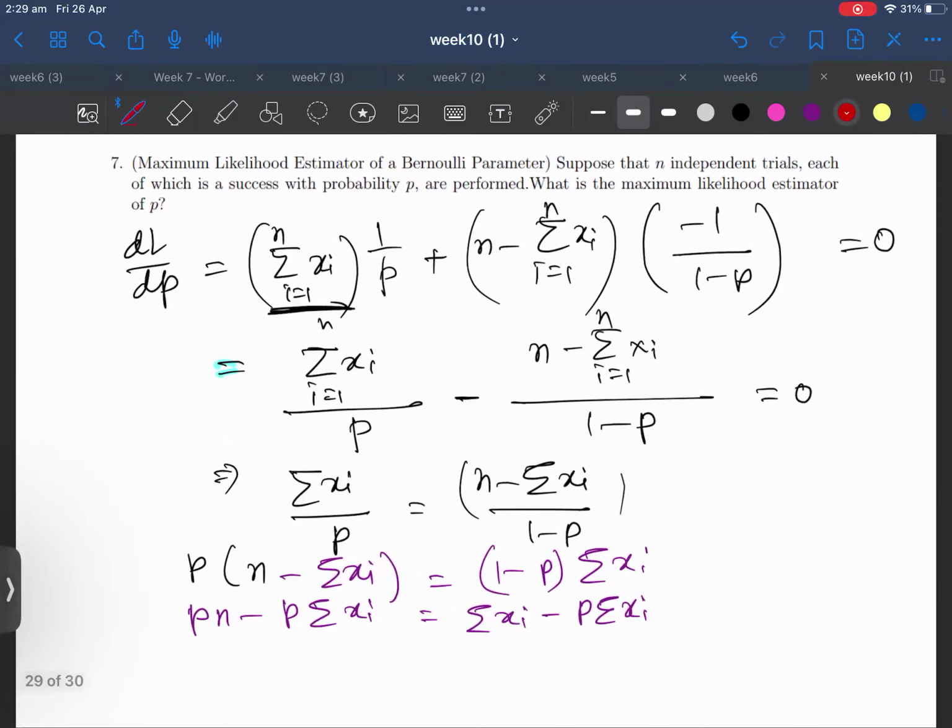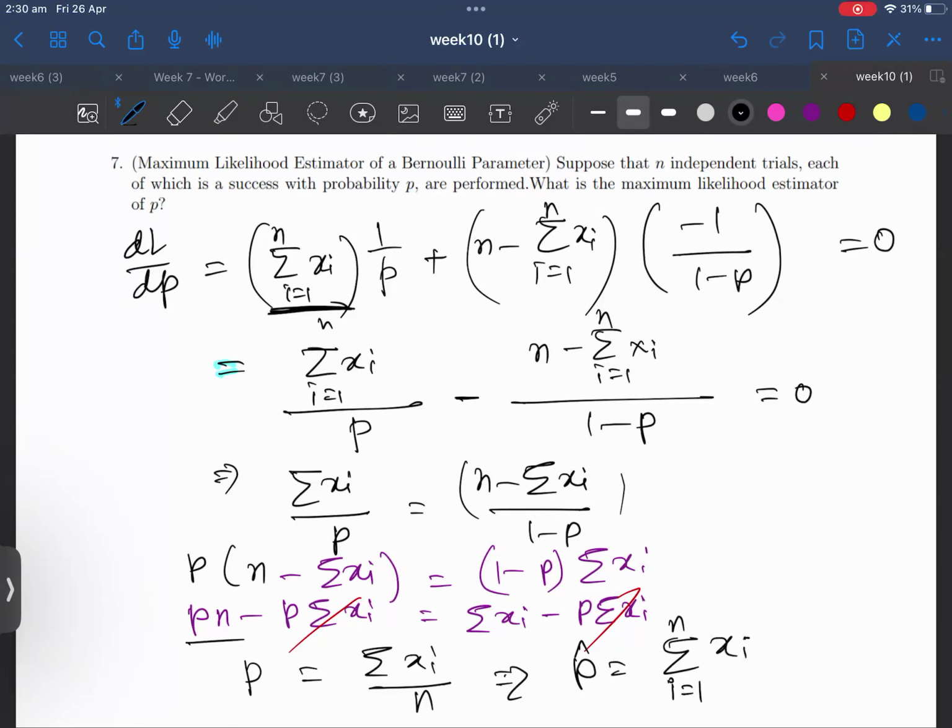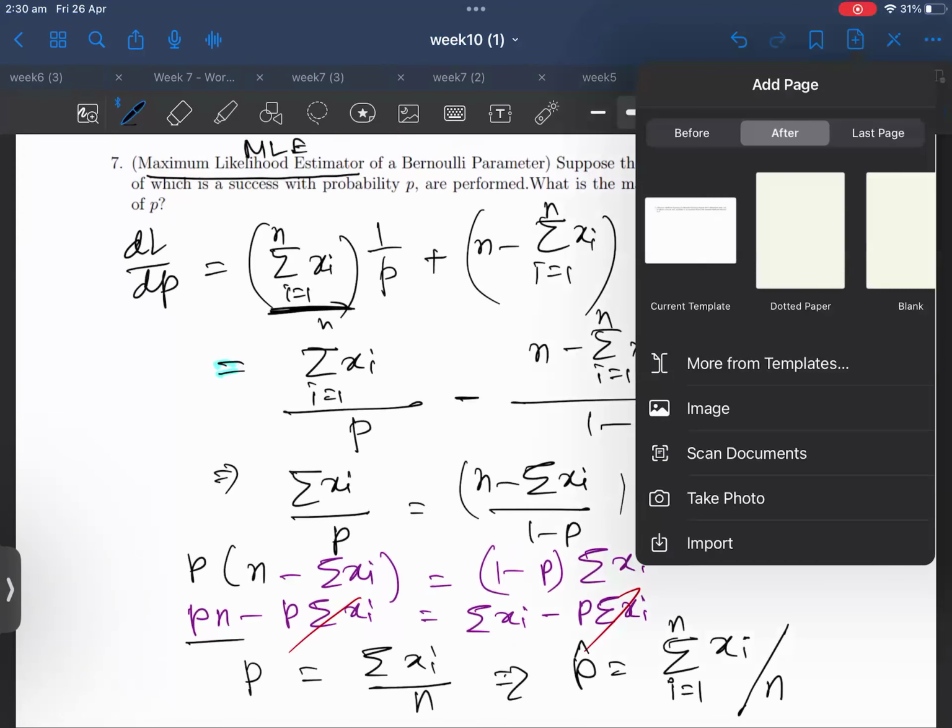So look at that, this one and this one cancel. So finally you have p equal to summation of xi divided by n. So we can write this p as summation of i equal to 1 to n of xi divided by n. Hence, this is your MLE, maximum likelihood estimator. So we can finally write it like this.